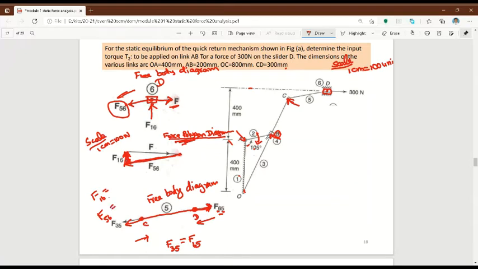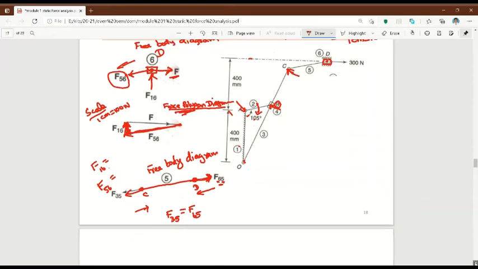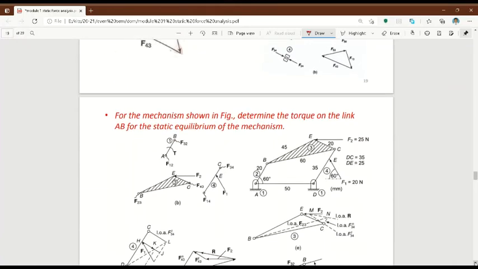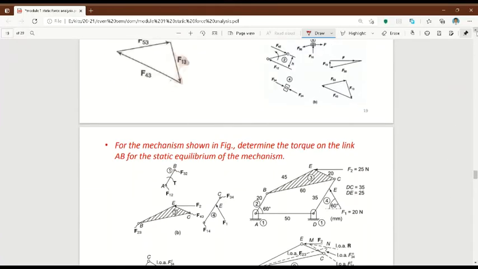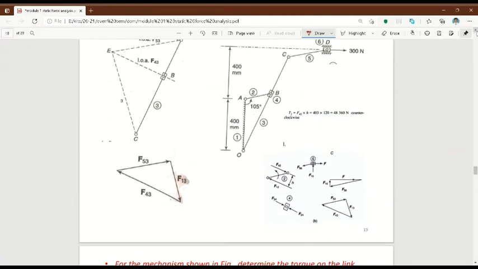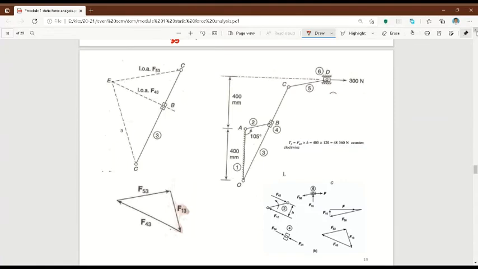That is very important, so you just measure the distance of F56 and write it.